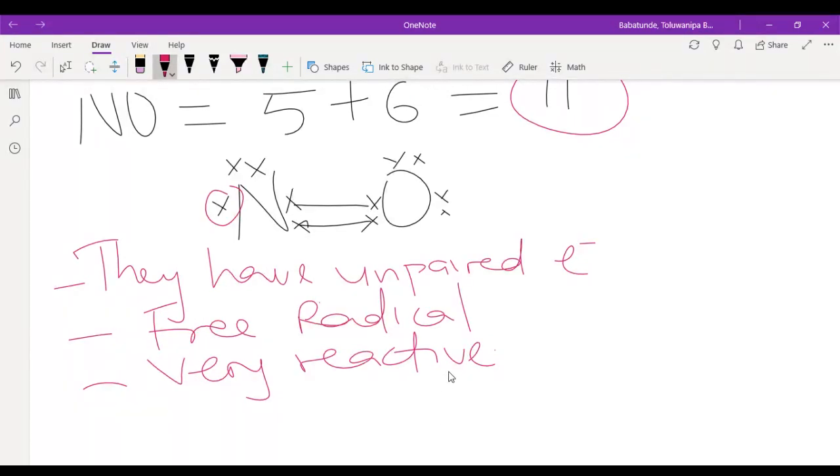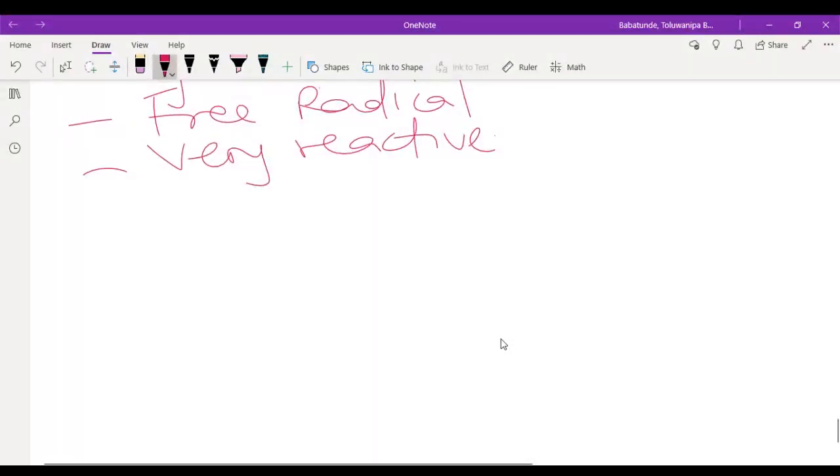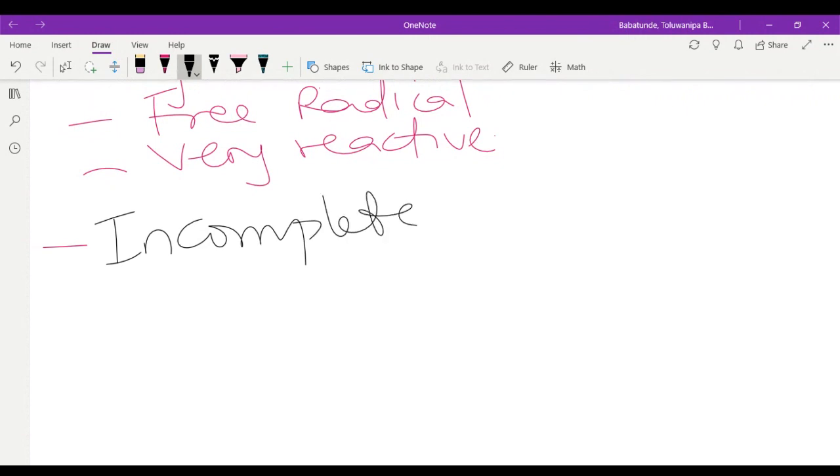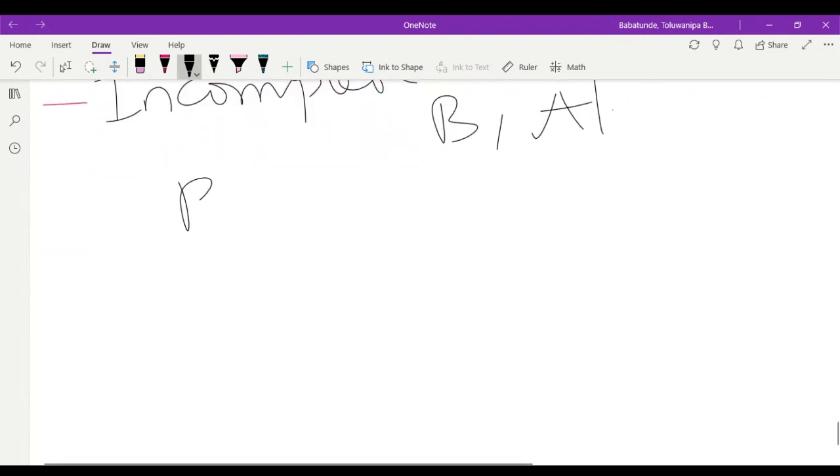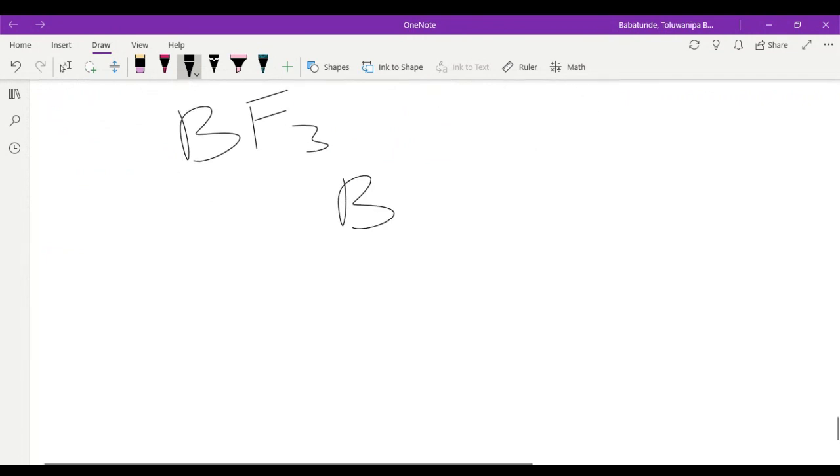Another exception to the octet rule is species with incomplete octets, like we have in boron and Al. For example, if you have BF3 and you use all the rules to draw it, it's going to be this way.